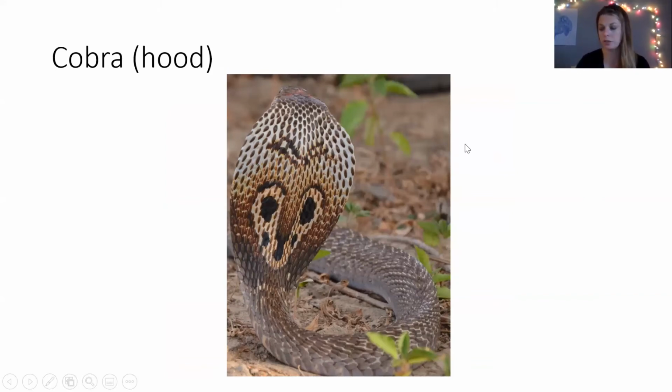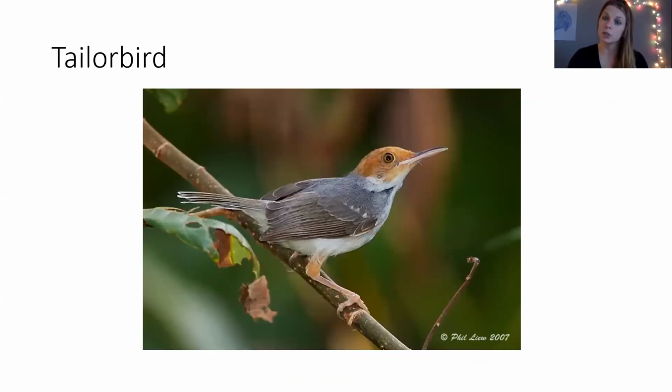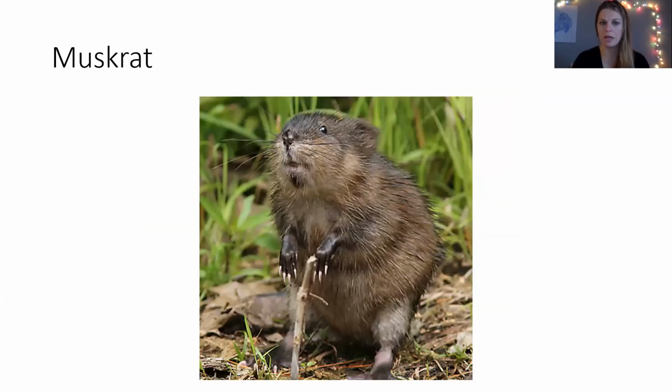Two other characters or animals that you maybe want to have a picture of is there's a tailor bird. And a tailor bird is small, kind of like a sparrow, like not a very large bird. And they have an interesting call. And then this is a muskrat. Now, muskrats are another kind of weasel-like or prairie dog-ish or gopher-ish style animal.